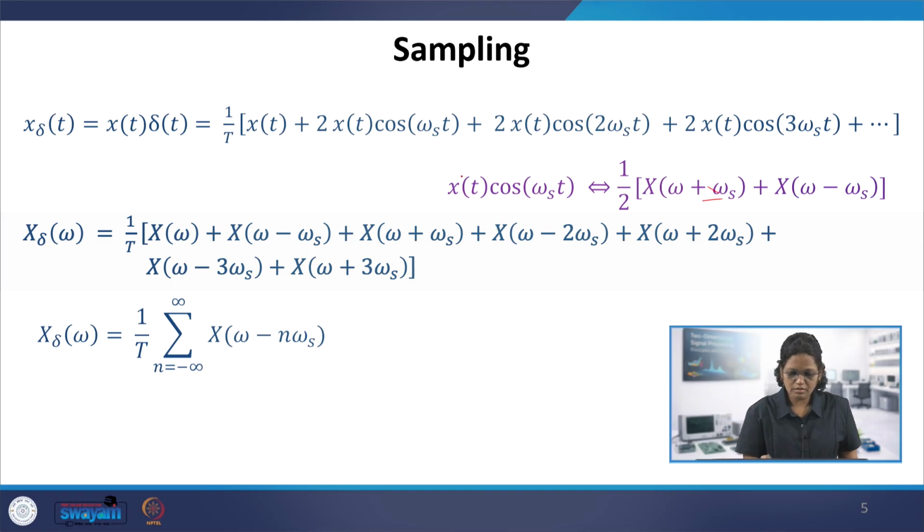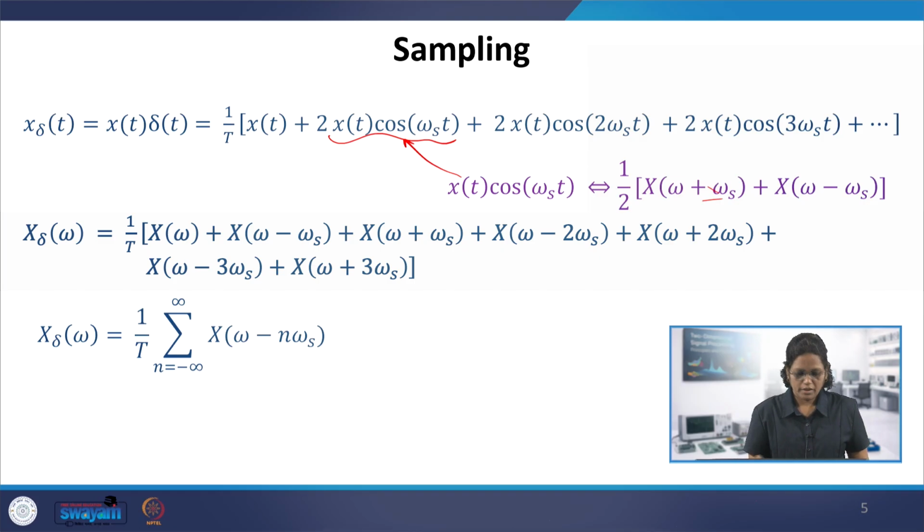So applying this in this equation, 1 by T x of omega, and this would now change to x of omega minus omega s. So this 2 gets cancelled, and similarly omega minus 2 omega s, omega plus 2 omega s and so on. So this would have the values, and in this case 2 x of t cos 3 omega s t, similarly x of omega minus 3 omega s plus x of omega plus 3 omega s you would have.